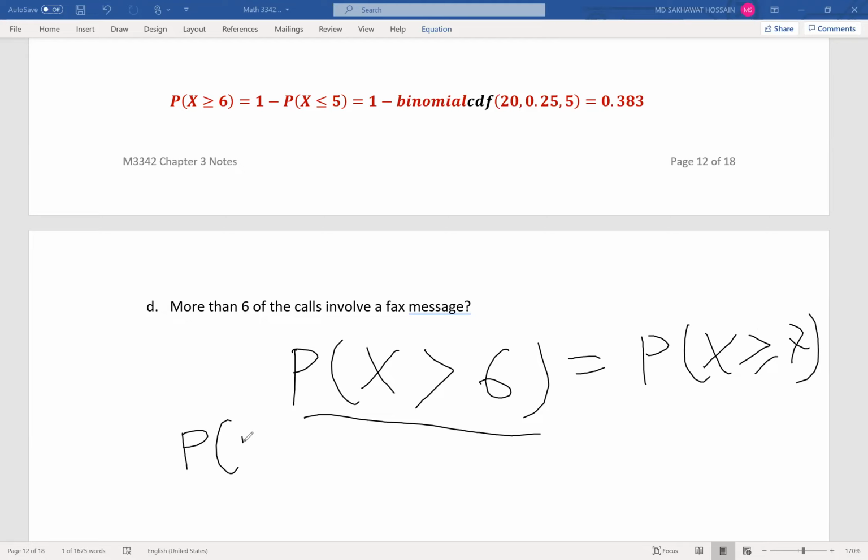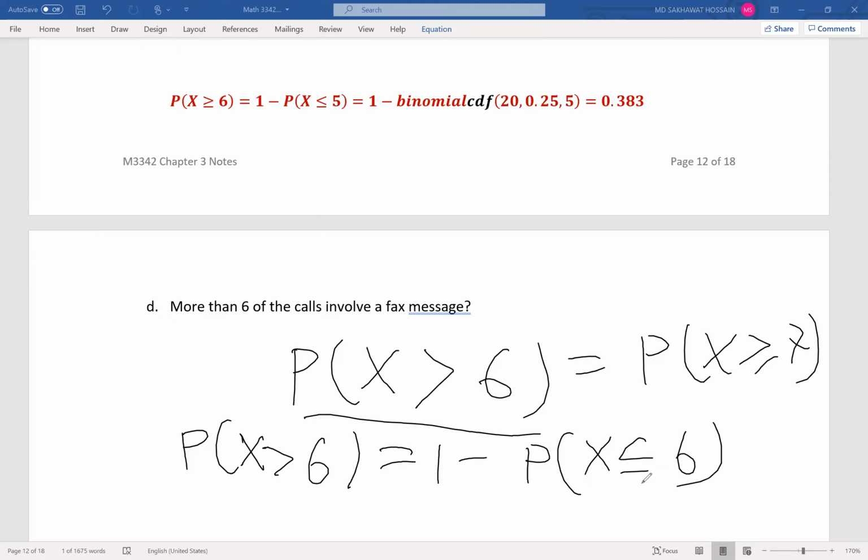The complement of x greater than 6 is 1 minus probability of x less than or equal to 6. This time it will be x less than or equal to 6, because if you take the complement of x greater than 6, it will be x less than or equal to 6. So the only difference is in the previous one, when you took the complement, it was 1 minus probability of x less than or equal to 5. Now it is 1 minus probability of x less than or equal to 6.